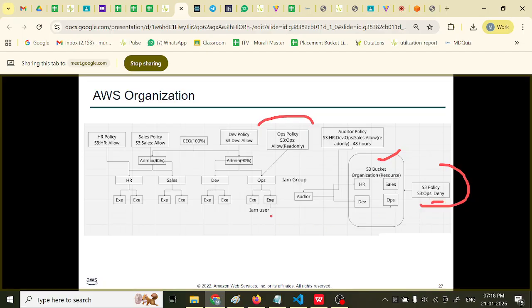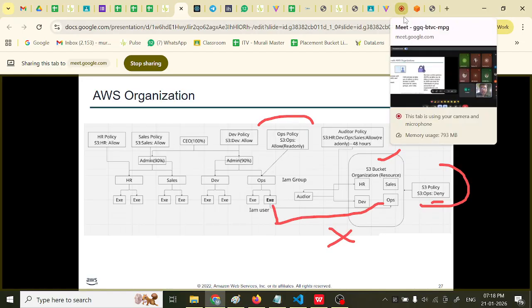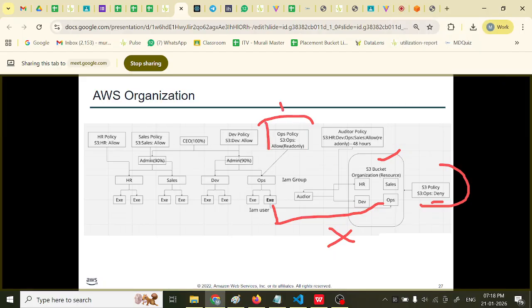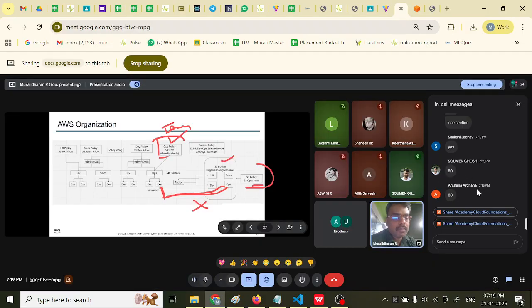Now what do you guys say, will this person be able to access this file or not? One policy, the IAM policy, says he can access, allow. The service control policy says deny. Whether this guy can access this operations file or not, you guys say. According to your guess, whatever you say, that's fine.